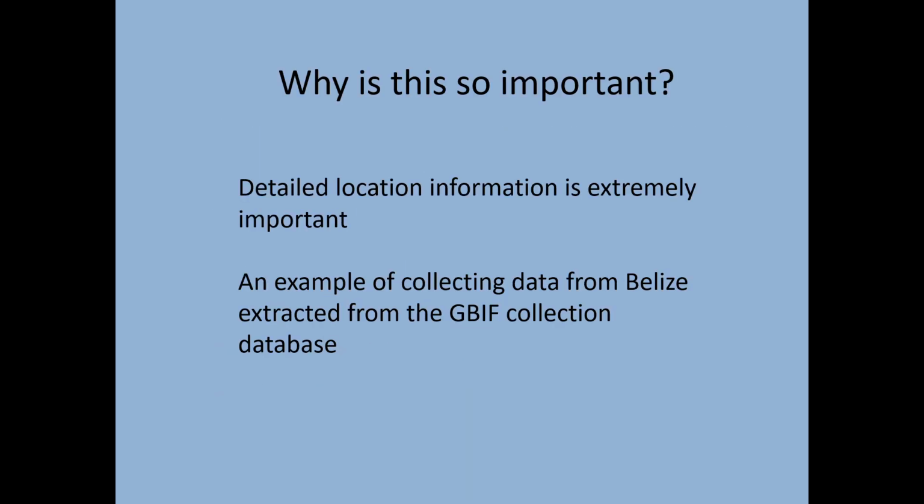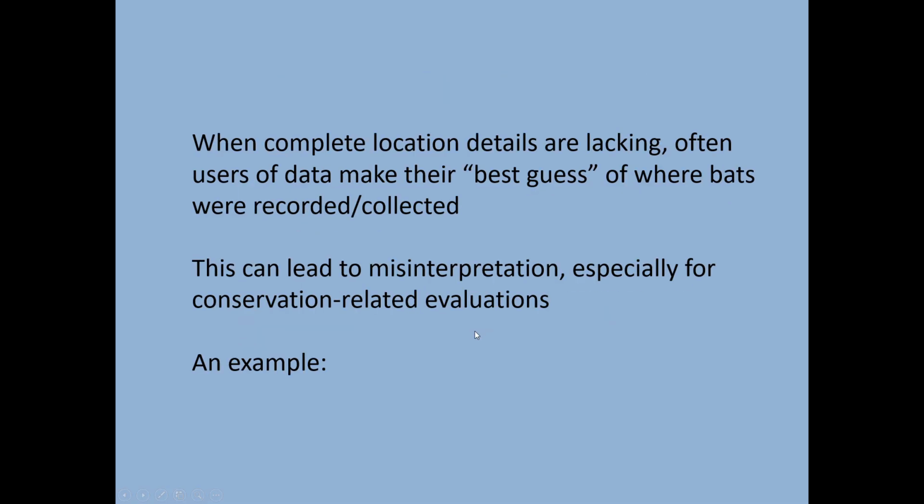Why is it important? Well, the detailed locations are extremely important. Here's an example of looking at museum collection data from Belize from the Global Biodiversity Information Facility database. When complete location details are lacking, users of the data make their best guess of where the data were recorded.